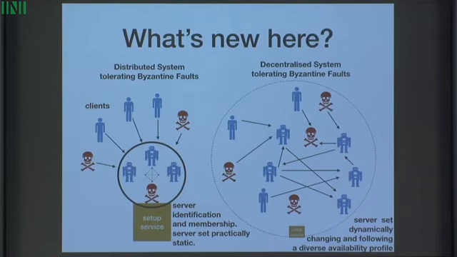Actually, the participants of the protocol don't even know how many servers are active at any given time. And this is what typifies this blockchain consensus setting, and it's fundamentally new.